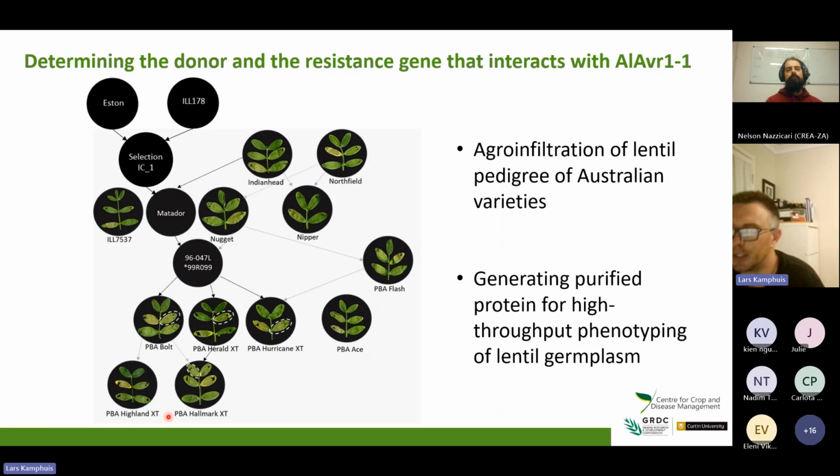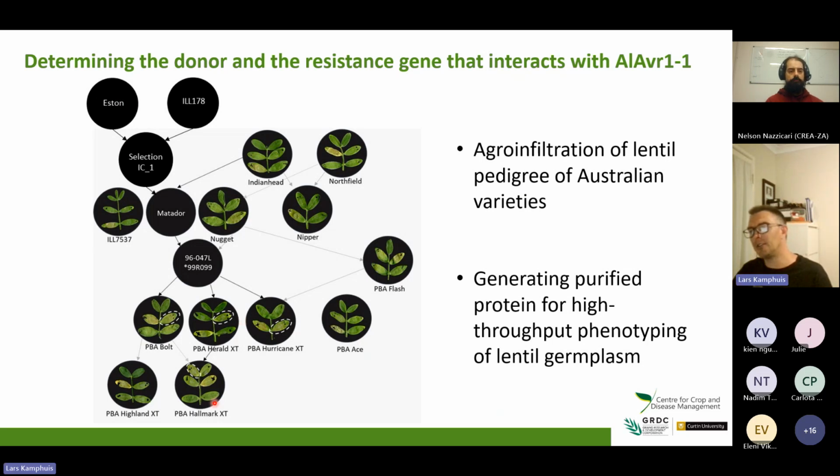So what are some of the other things that we're trying to do with these virulence proteins? One of the things with the agro-infiltration methods is it allows us to trace the parentage of lentil genotypes in the breeding program and try to identify where that resistant source is coming from.